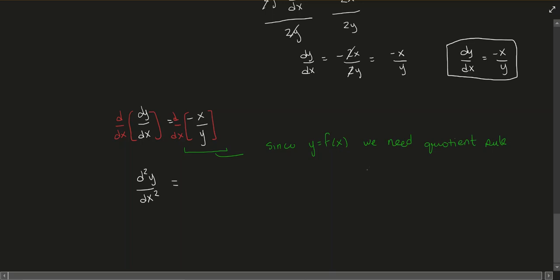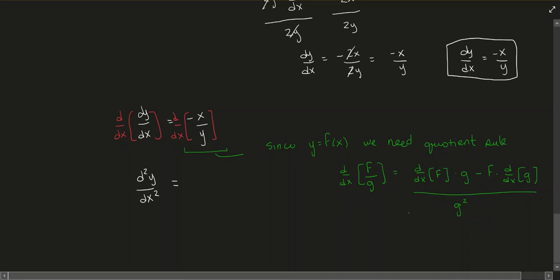So remember the quotient rule: if you have a function f divided by g and you take the derivative of that, the pattern is take the derivative of the top function first, multiply that by the bottom function, subtract the top function times the derivative of the bottom function, and all of that is divided by the bottom function squared. Oh, I extended my division bar a little too far here. It should just be over here on the quotient rule.